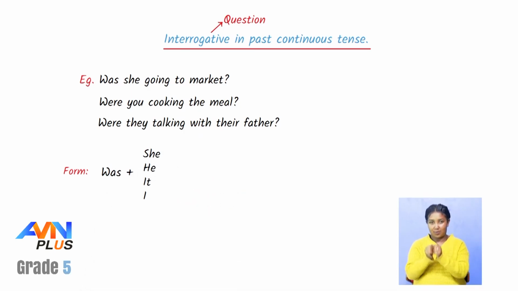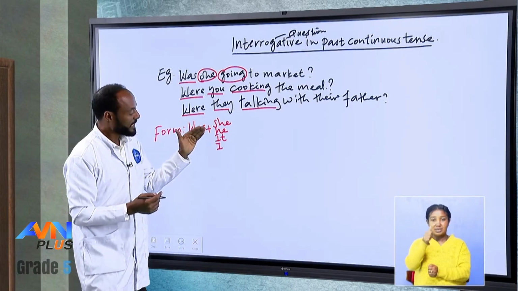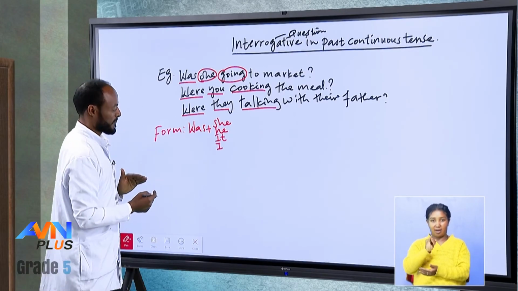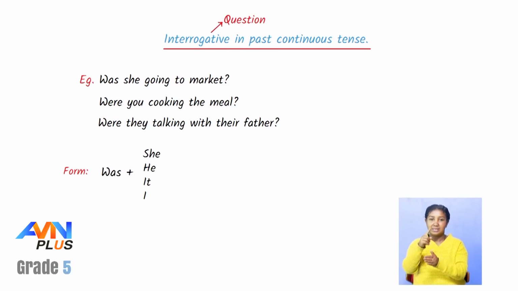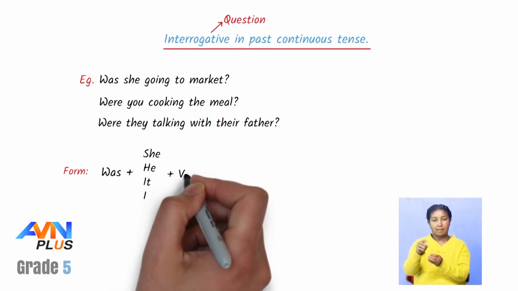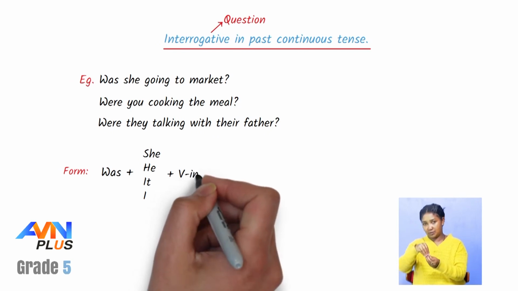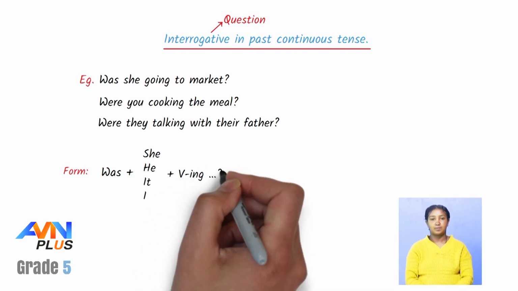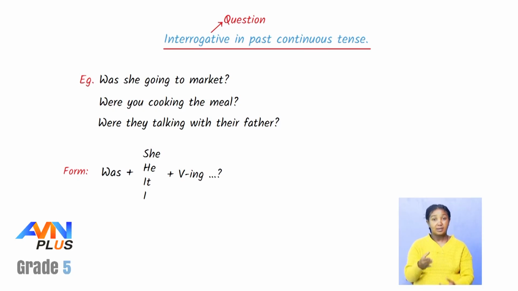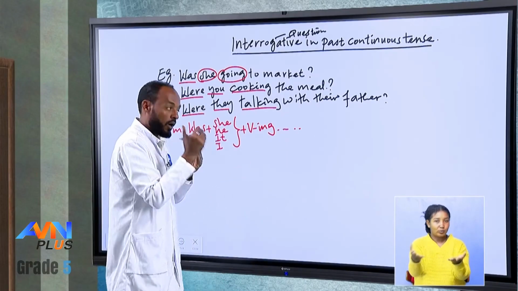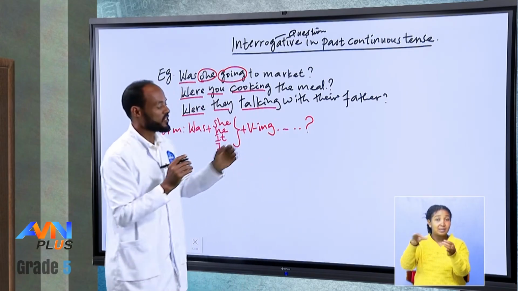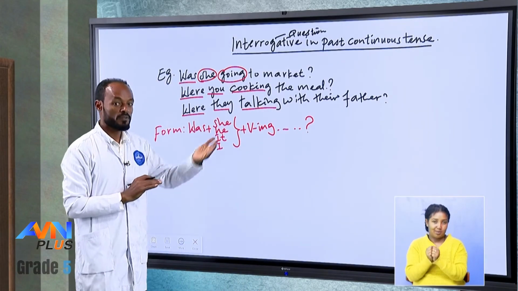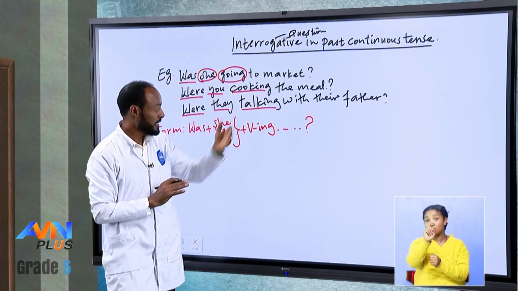She, he, it, I. So then, plus, yes please, verb ing. If necessary, you can add a complement or object. At the end of this sentence, there should be a question mark. Because this one is about asking a question, okay?